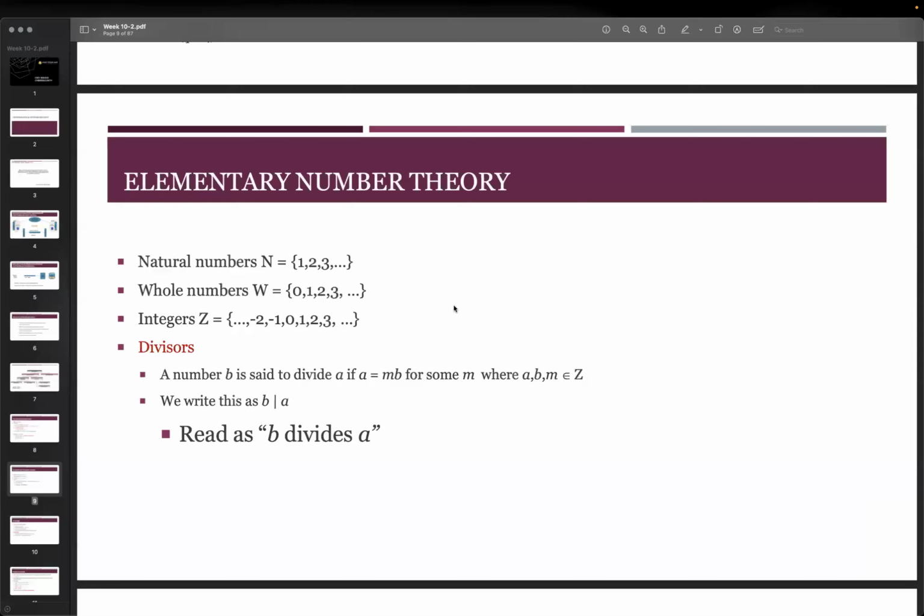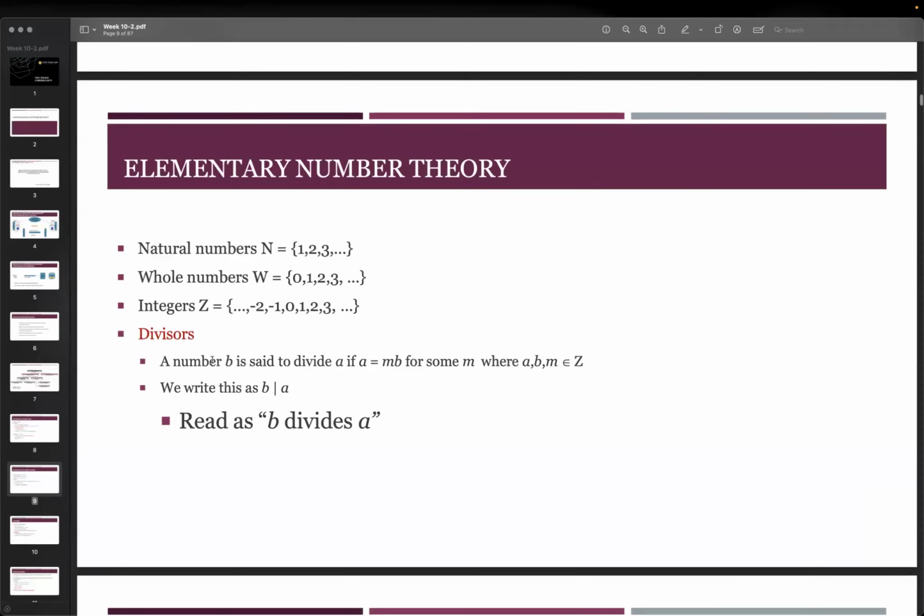For a divisor, say b divides a, if a equals m times b for some m, where a, b, m belong to Z, that means they can be negative, 0, or positive numbers.